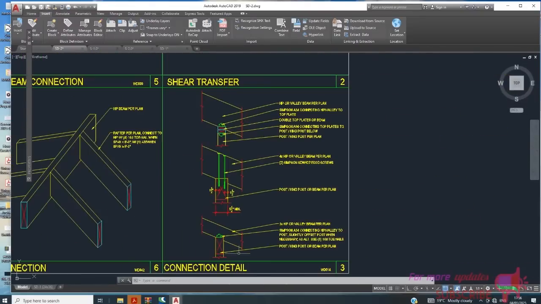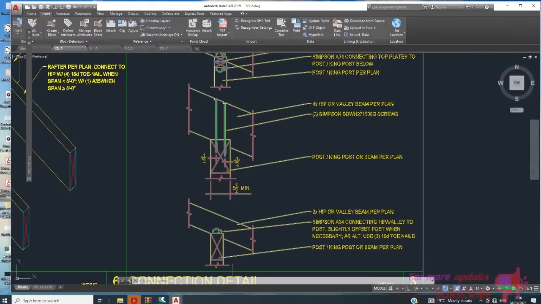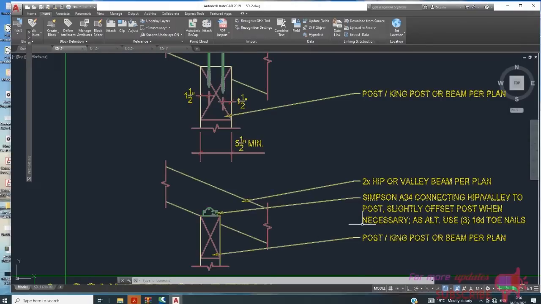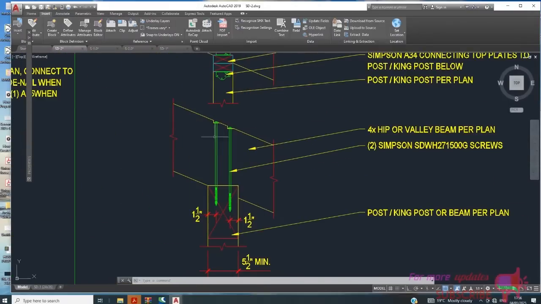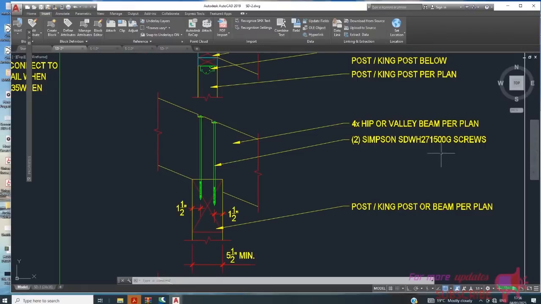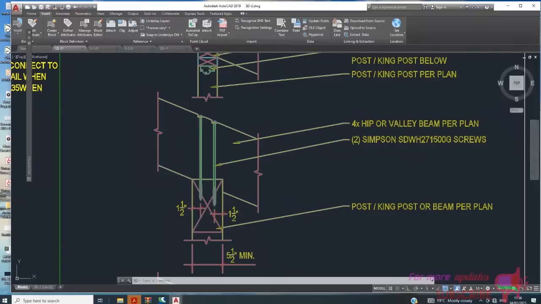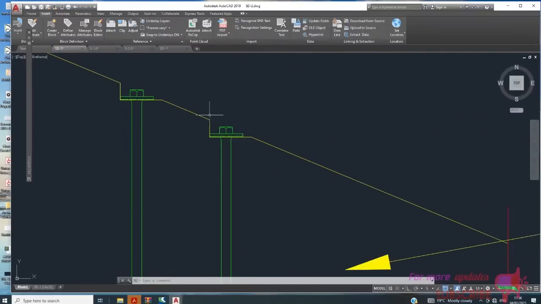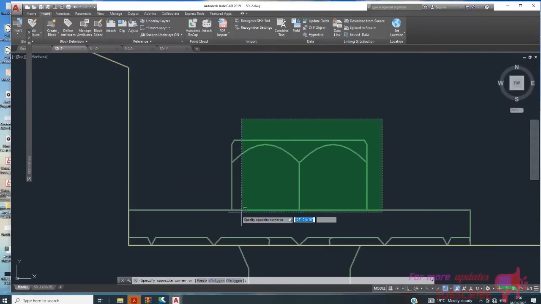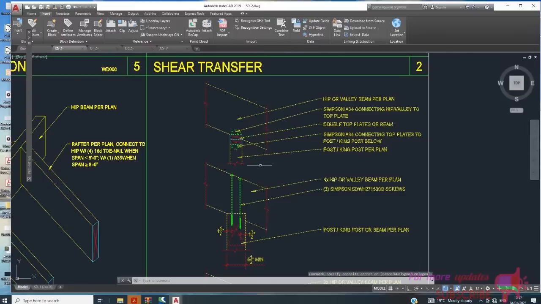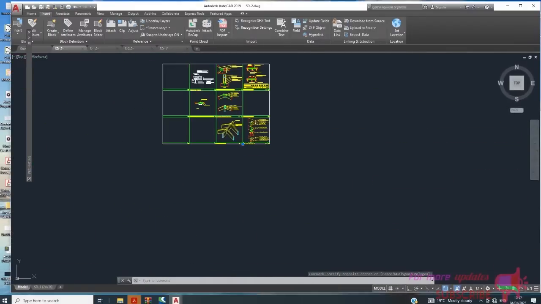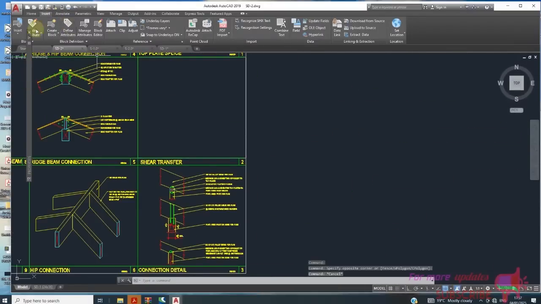There is this connection detail for Simpson nail, SDWH27500 screw. That is the detail. That is a block. So just insert another block.